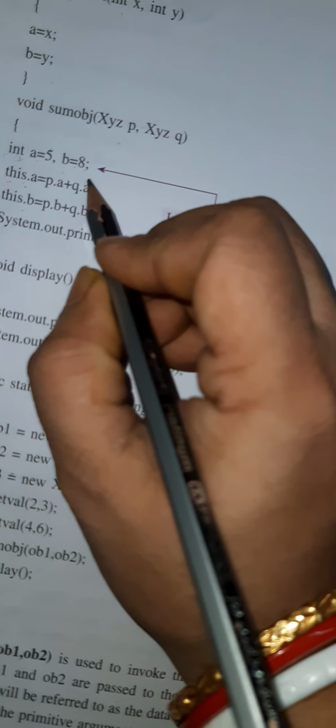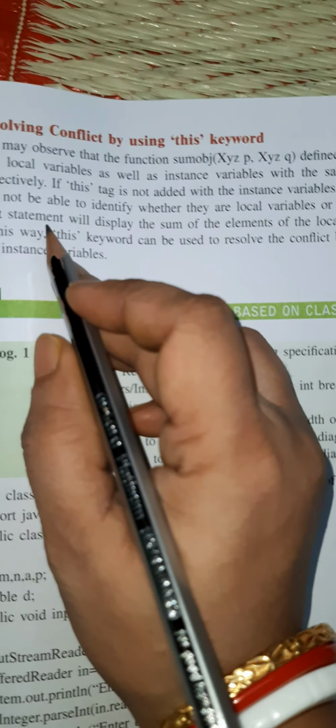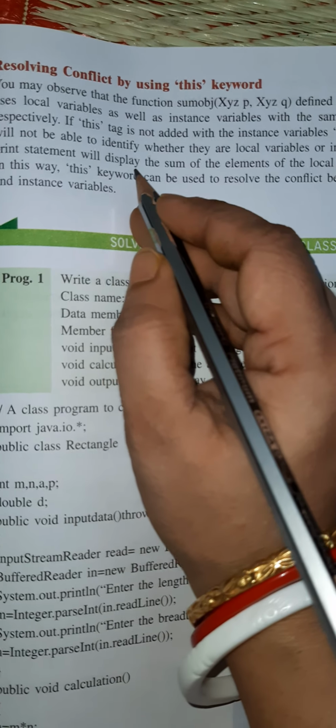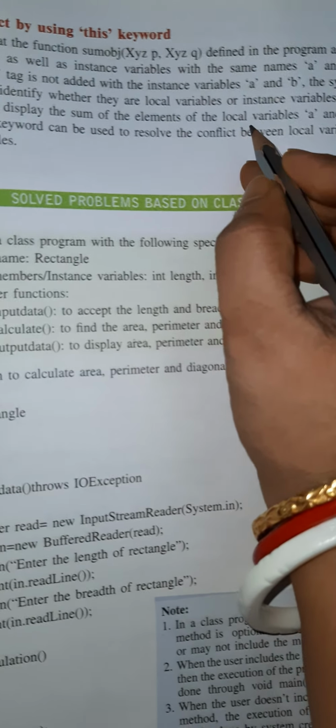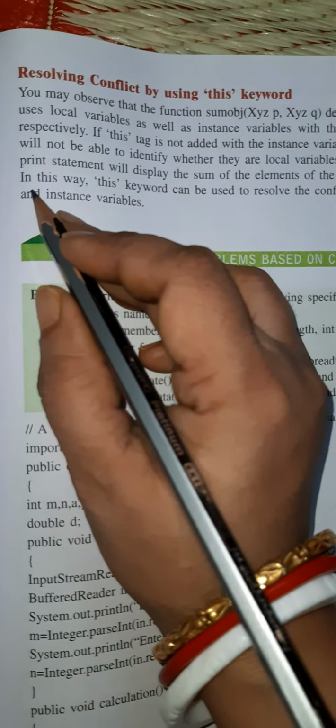The system will not be able to identify whether they are local variables or instance variables. The print statement will display the sum of the local variables a and b, and this way the this keyword can be used to resolve the conflict between the local and the instance variables.